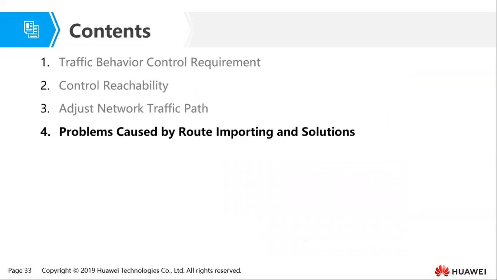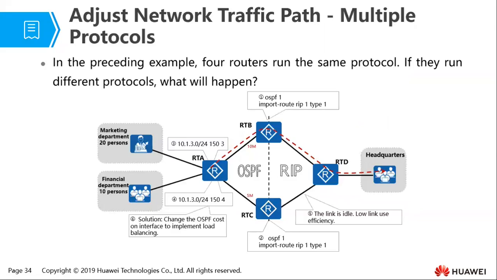So what are the problems caused by route importing, and the solutions? Let me try and remember. In the previous example, 4 routers ran the same protocol. So what if they run different protocols? What will happen?